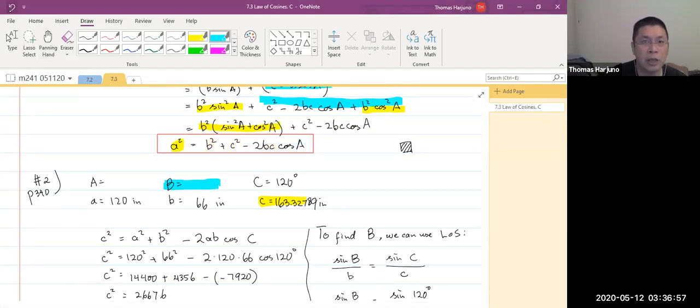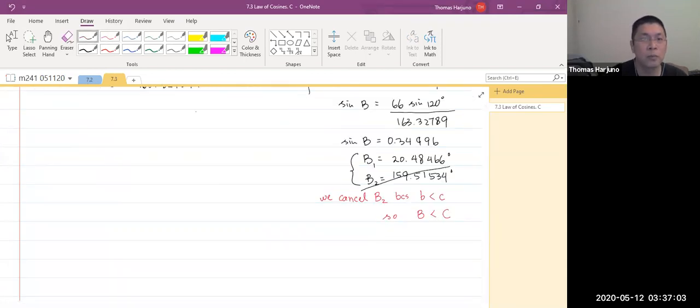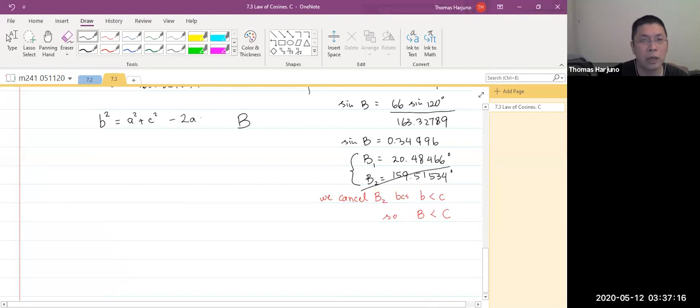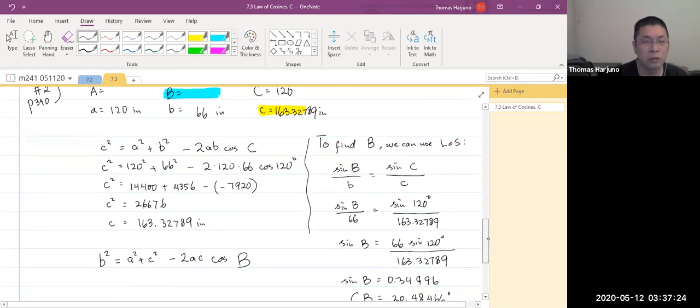Now in this case, if I need angle B, then I need side b. That will be b squared equals a squared plus c squared minus 2ac cosine B. Notice that we know three sides already at this point, right?